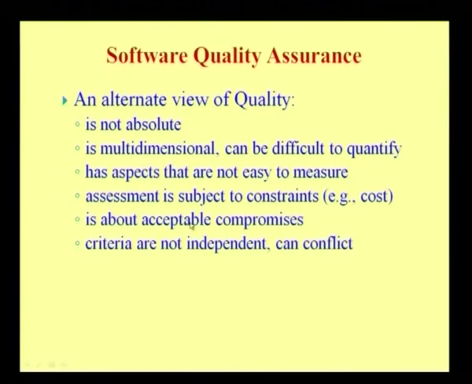With the given set of cost we are about to complete a product, that again is a point on the quality of the project. So, we take an assessment on the subject of constraints which is cost, time, etc. Quality is about acceptable compromises. There is no certain compromise on the quality, but if it is acceptable by the end user community or the person who exactly wanted this kind of product to be developed, then this is an acceptable compromise.